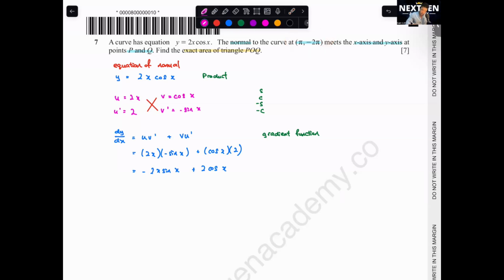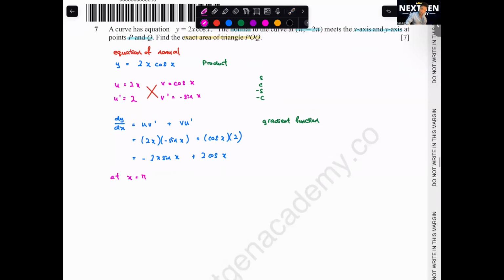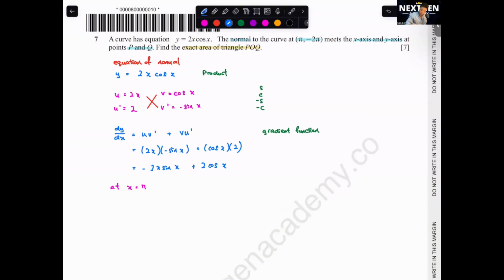So we sub in x equals pi. You substitute x equals pi into this equation of dy over dx. dy over dx equals negative 2 pi sine pi plus 2 cos pi.